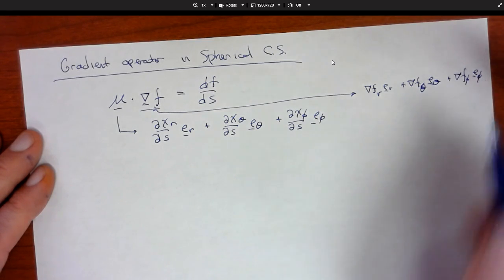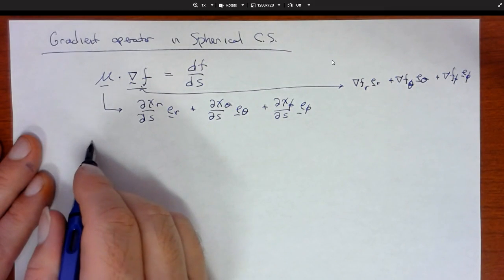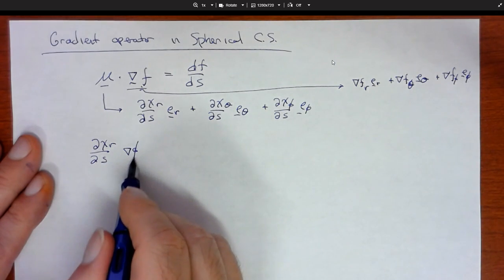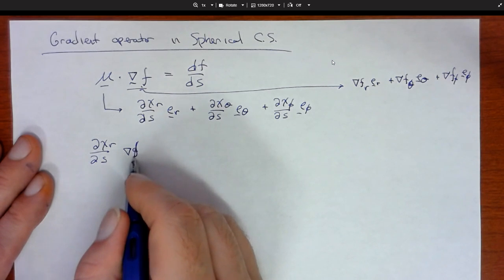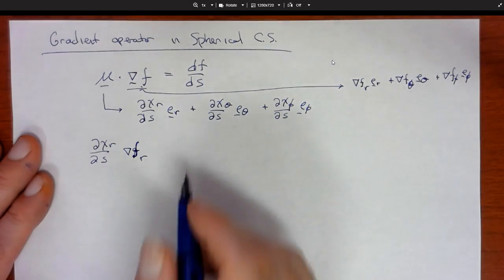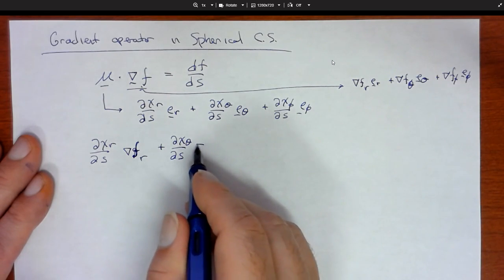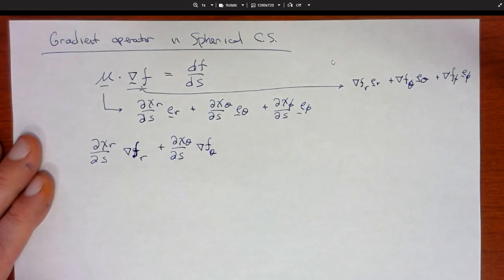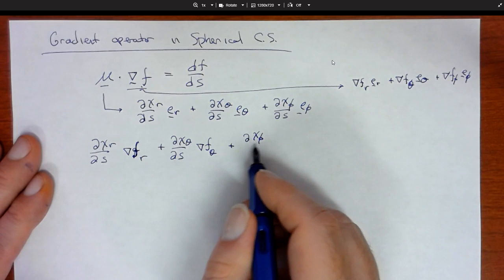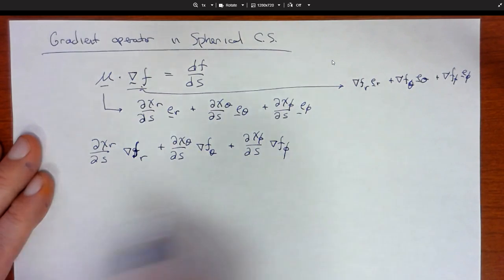So when I dot those together, all I'm going to be left with is dx_r/ds times the radial component of the gradient operator in spherical, plus dx_theta/ds, the theta component of the gradient operator, plus dx_phi/ds, the gradient component in the phi direction.